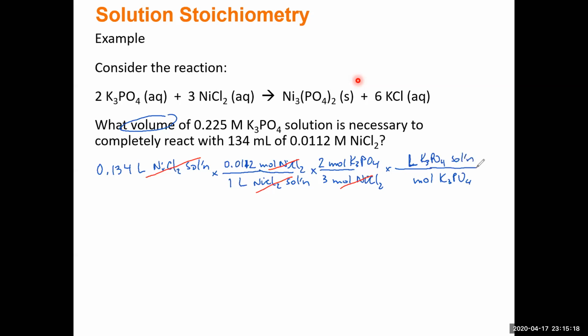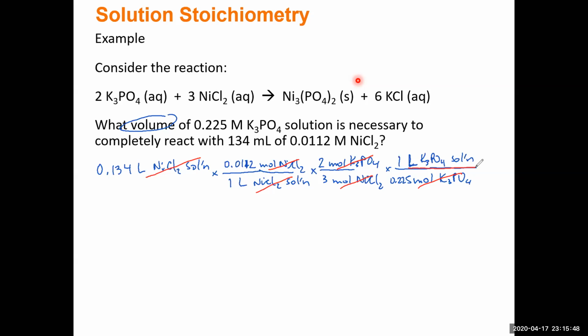And the molarity says that we have 0.225 moles of K3PO4 for every 1 liter of the K3PO4 solution. So this now cancels out our moles of K3PO4, and we will be down to units of liters of K3PO4 solution.